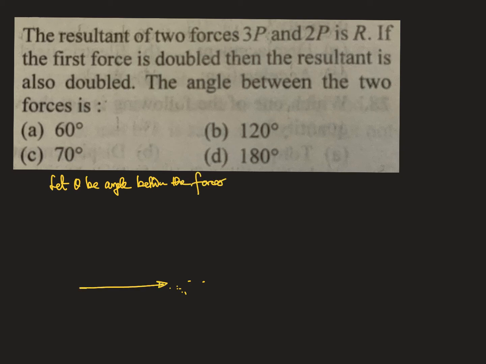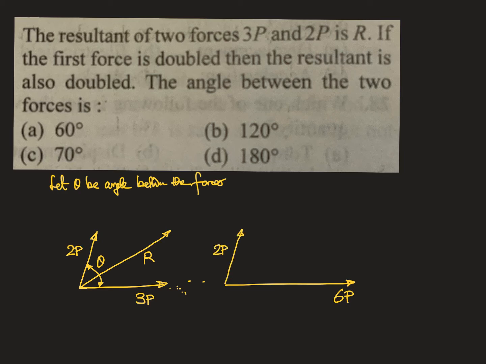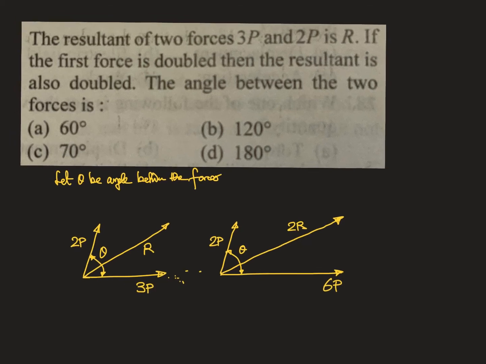So first case: 3p and another one is 2p, the resultant is r, and the angle between the forces is theta. Next case: the first one is doubled, so this becomes 6p, the second force remains 2p, and the resultant becomes doubled, that means 2r, with the same angle theta.